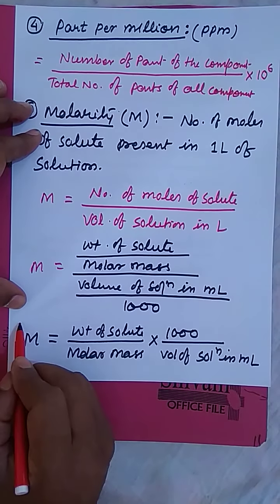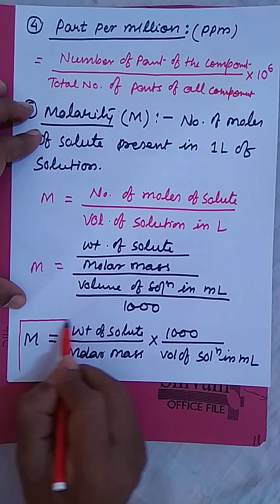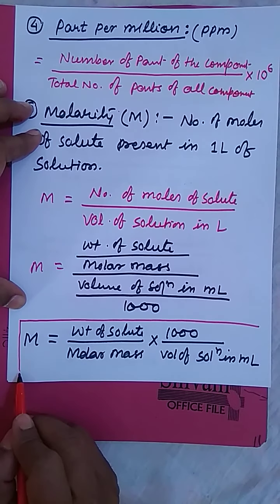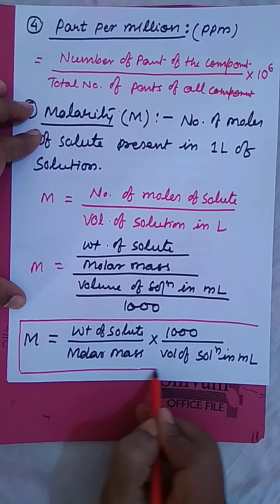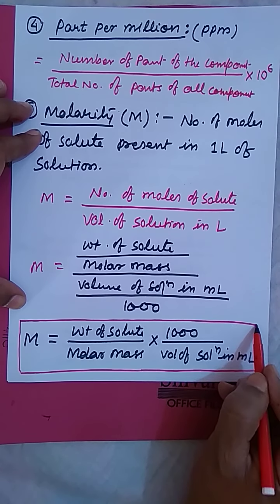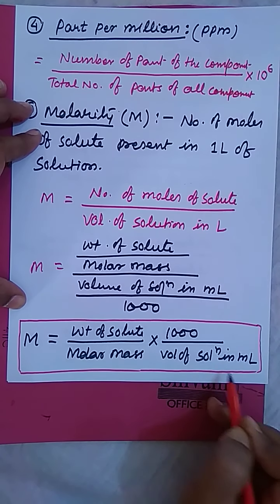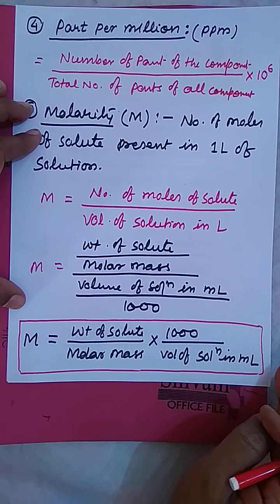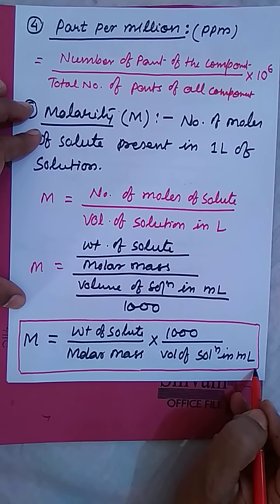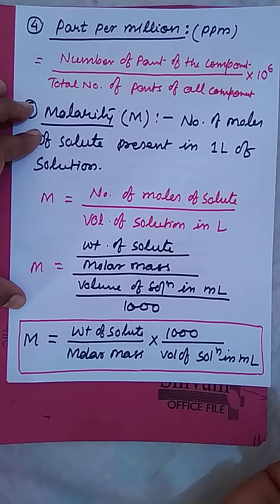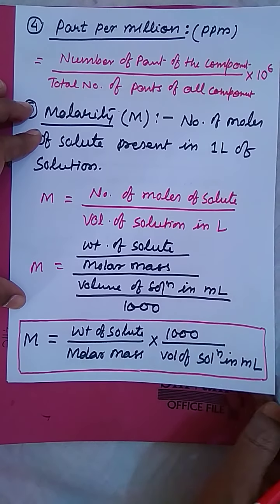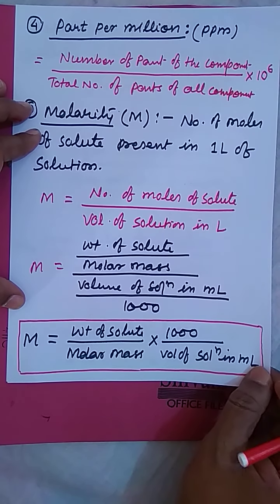And I suggest you always remember this formula. M is equal to weight of solute upon molar mass into 1000 upon volume of solution in milliliter. If volume of solution is given in liter, then change it into milliliter. So you always remember this formula.